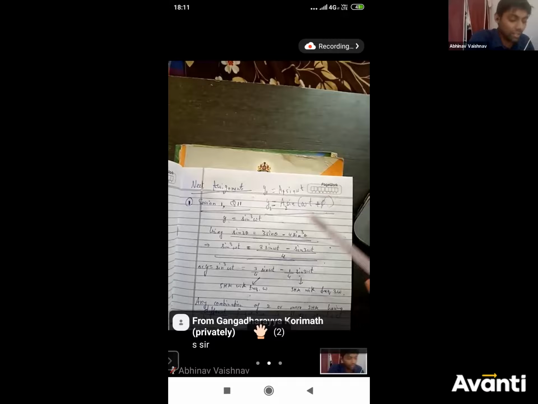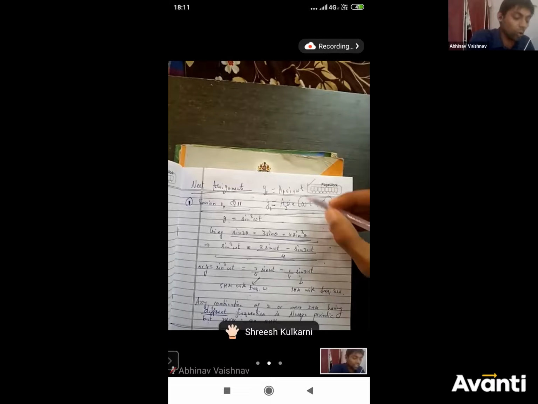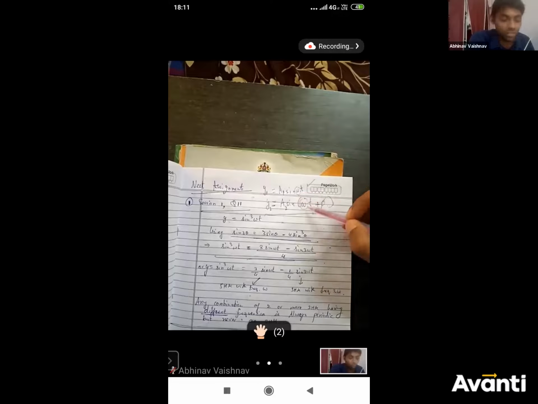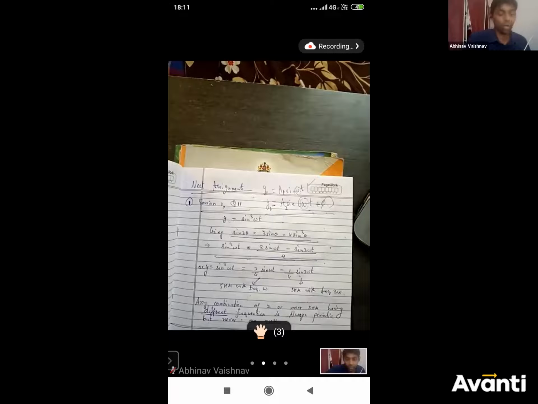But the reason यहाँ पे resultant SHM था is because both of them had the same frequency, right? अगर दोनों का same frequency नहीं है, then the motion will be periodic but not SHM. It will always be periodic, periodic होगा, right? But SHM नहीं होगा.